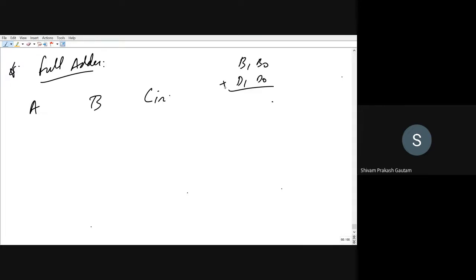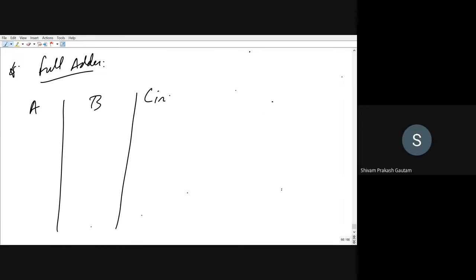If you add both of these, a carry is generated here and this goes to C in. So this C in is representing this carry, and D1 and D0 are A and B. So C in acts as a carry generated from the lower significant bit. And again, we will have sum and final C out. C out is the final carry.